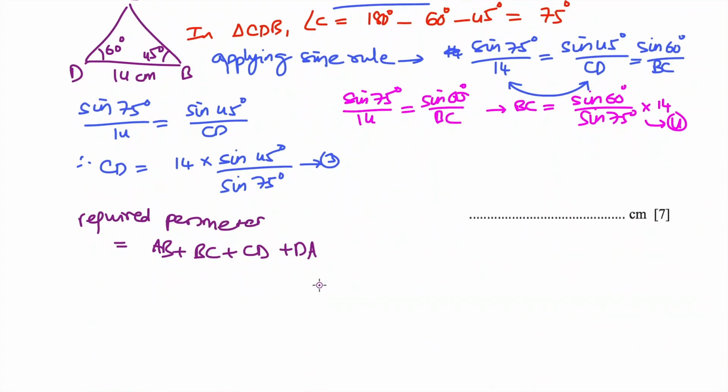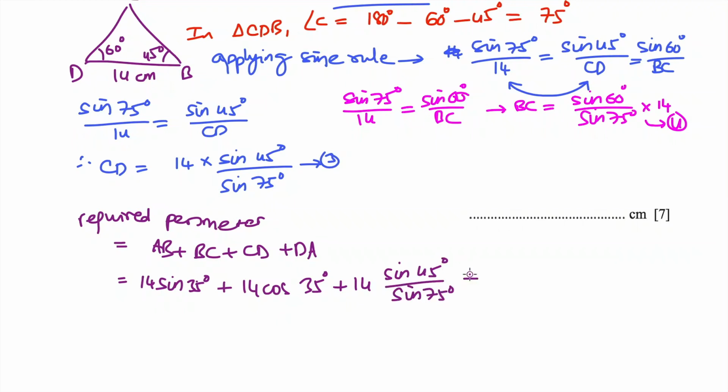So if I calculate all the values, I would get 14 sine 35 plus 14 cos 35 plus 14 sine 45 degrees divided by sine 75 degrees plus 14 sine 60 degrees divided by sine 75 degrees.